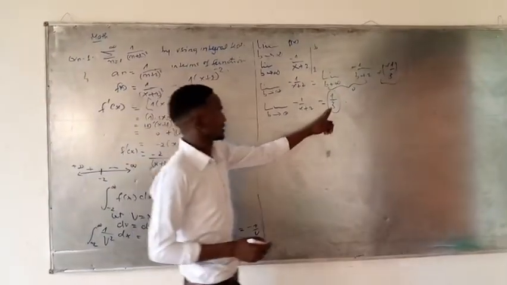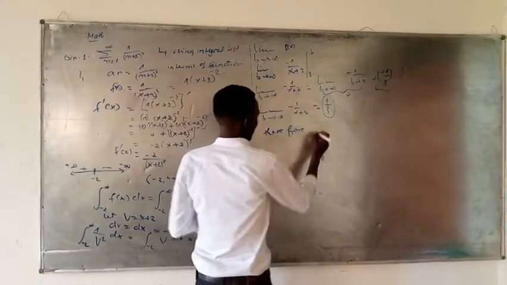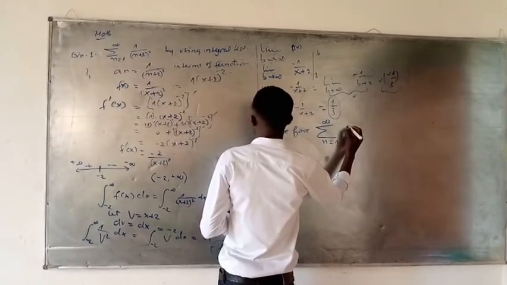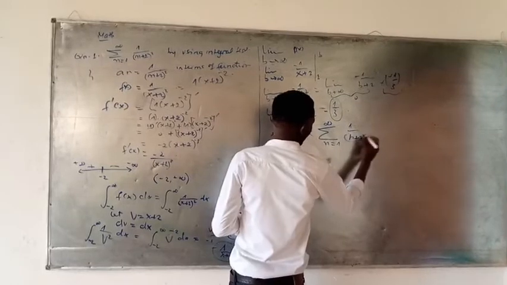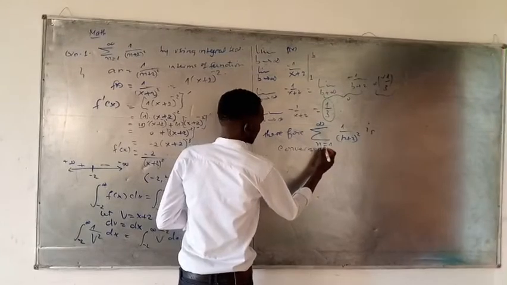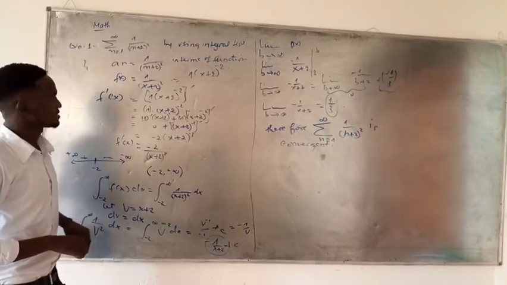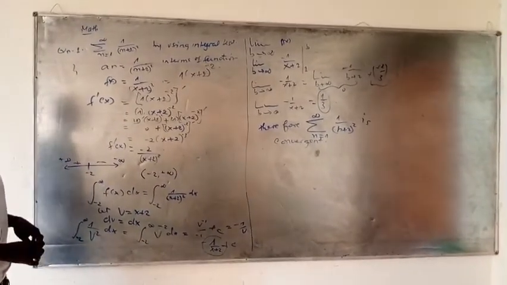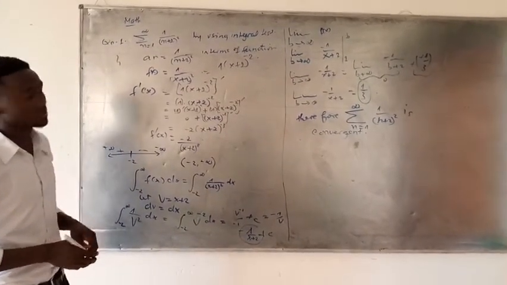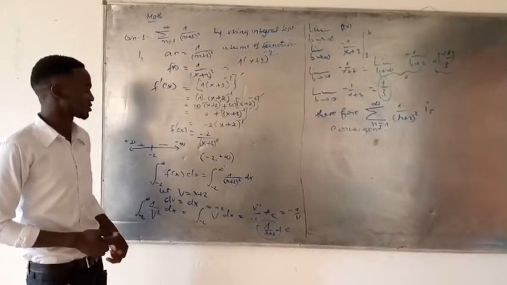And we find that this is equal to 1/3, therefore the series of 1 over (n plus 2) squared is convergent. So I think this is about the integral test of the sequence and the series, to determine whether the function will be convergent or divergent by using the integral test.